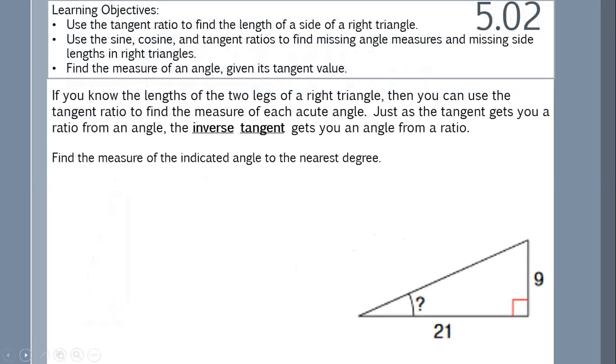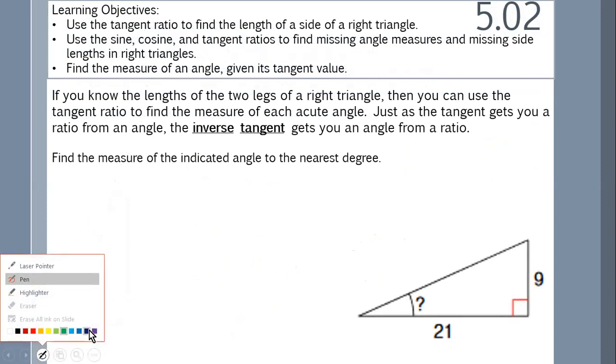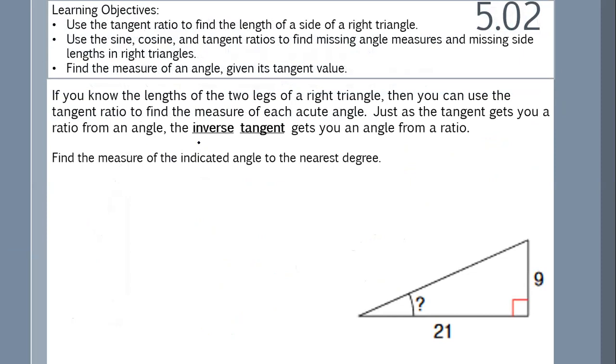Okay, so inverse tangent means instead of looking for the side, we're looking for the angle. So tangent inverse in the calculator looks like this, tangent -1. And we get that by going second tan. So it's real easy to find on the calculator.